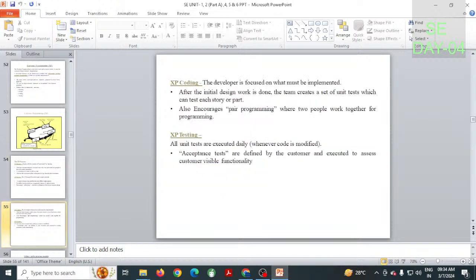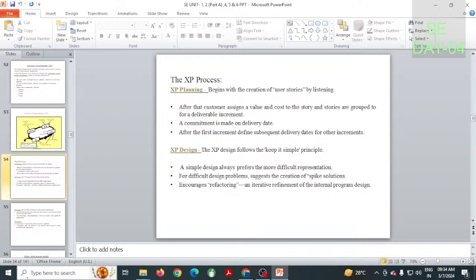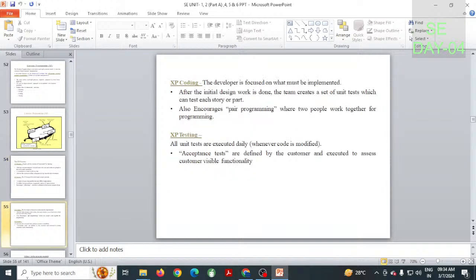Next, after successfully finishing the planning and design activities, now we are in the coding activity.